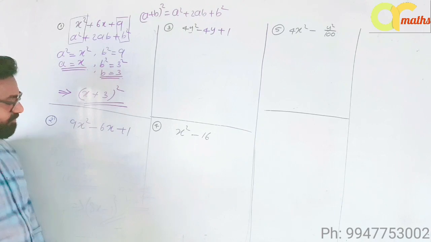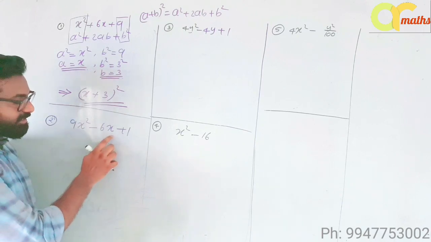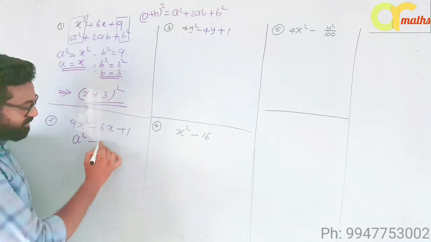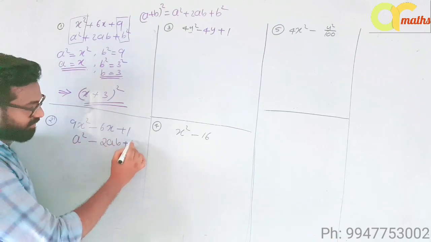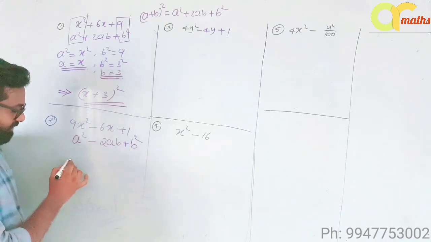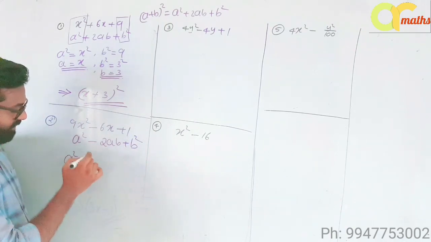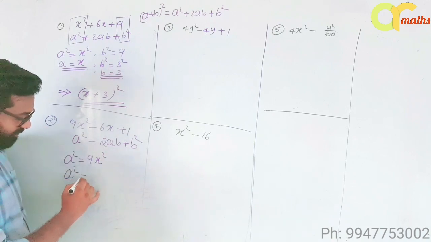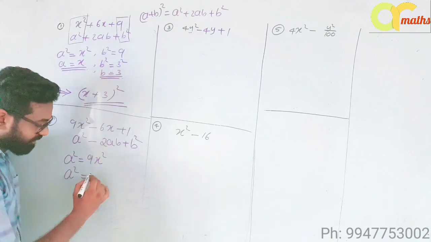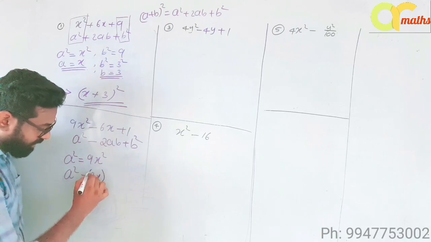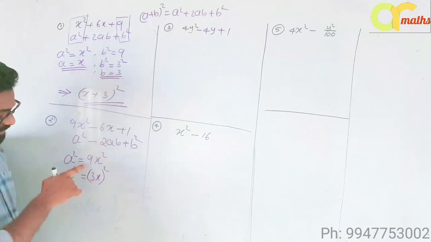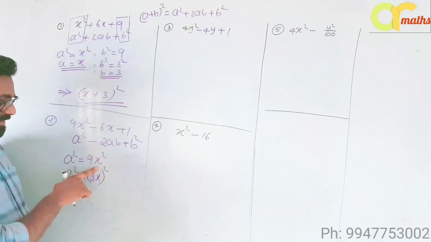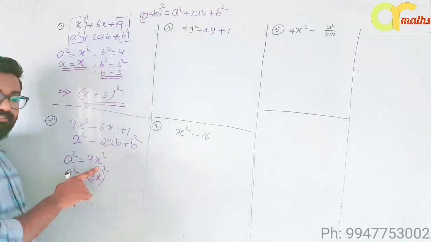So, next question, factorize 9x square minus 6x plus 1. Very simple, which is in the form of a square minus 2ab plus b square. What is a square here? 9x square. So a square equal to 9x square is the square of (3x) whole square. Suppose it is 4x square, that is (2x) whole square. If it is 25x square, (5x) whole square.